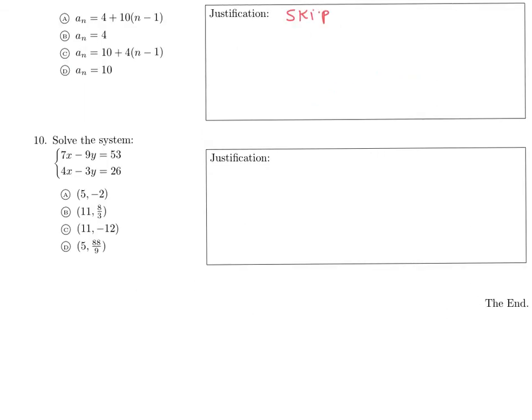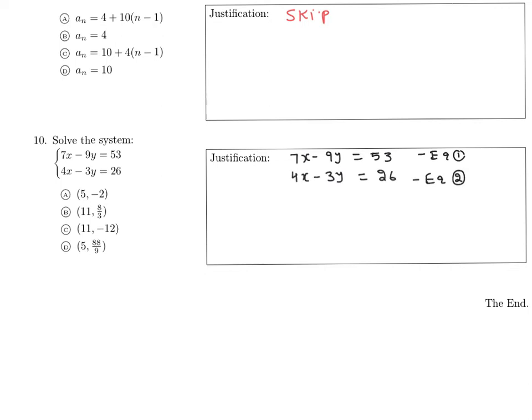We are going to do number 10, that is 7x minus 9y equals 53, and 4x minus 3y equals 26. This is equation number 1 and this is equation number 2.